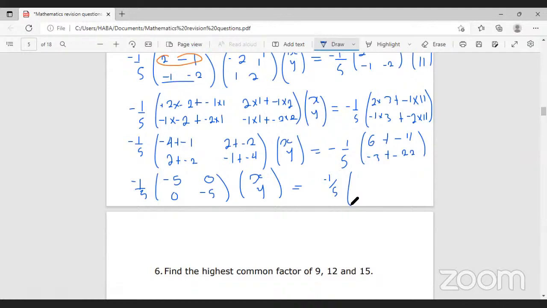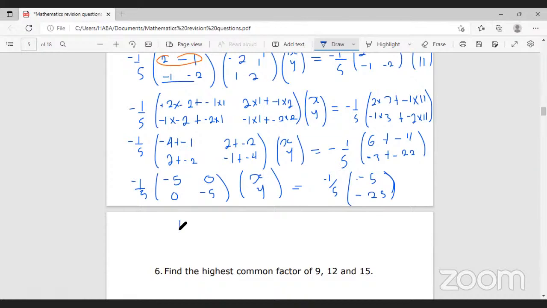6 plus negative 11 is negative 5. It is positive, teacher: 6 minus negative 11 is 17... negative 3 minus 22 is negative 25. So this 5 is going to go with the negative, so this becomes 1.